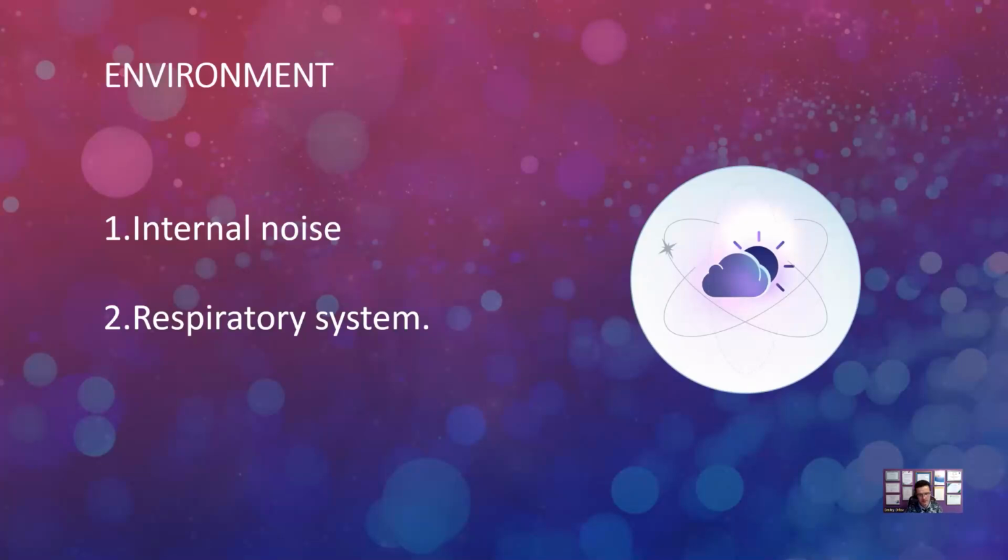Well, sometimes, for example, for women during menstruation, the internal noise of the fingers usually also increases. Well, it is not an external influence, but a more internal influence. And also, the second system that we take into consideration here is the respiratory system, because this is the air that we breathe.